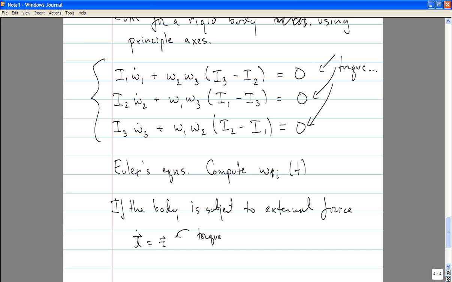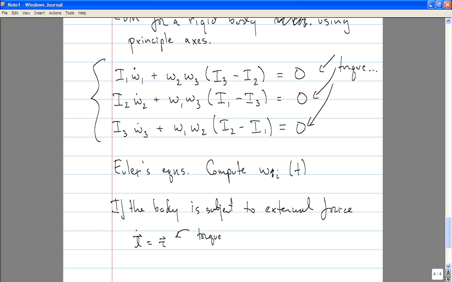Now, these three differential equations, they really look rather simple. The I's are constant, and we just have three first-order differential equations for the omegas. So, you have been taught throughout your careers as physicists that when you encounter a differential equation, all you do is look it up in some book and write down the solution to the equation of motion.